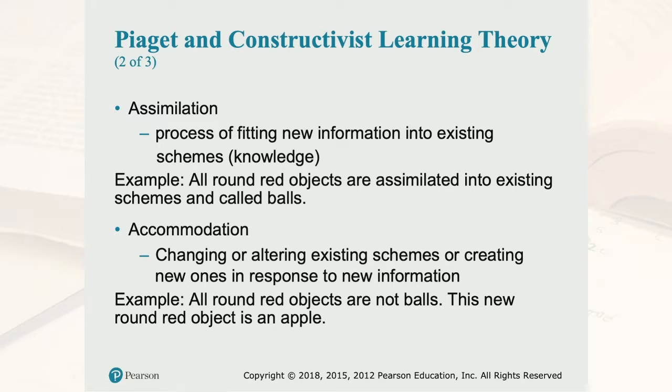Accommodating that knowledge is that you're changing or altering your thoughts on that subject. So to change it, all red objects are not balls. A red object could be a tomato, or a red object could be an apple. And that is how you assimilate and accommodate information in Piaget's theory.